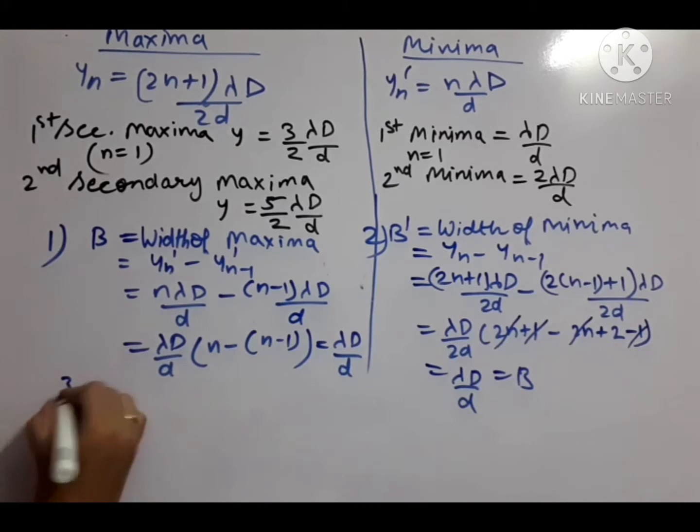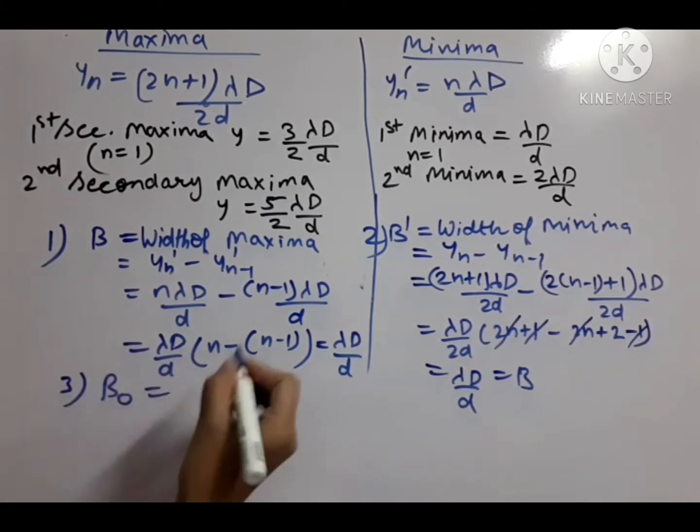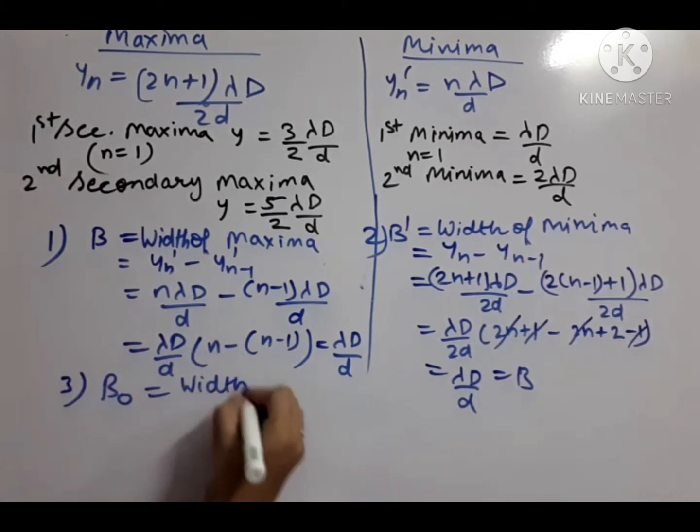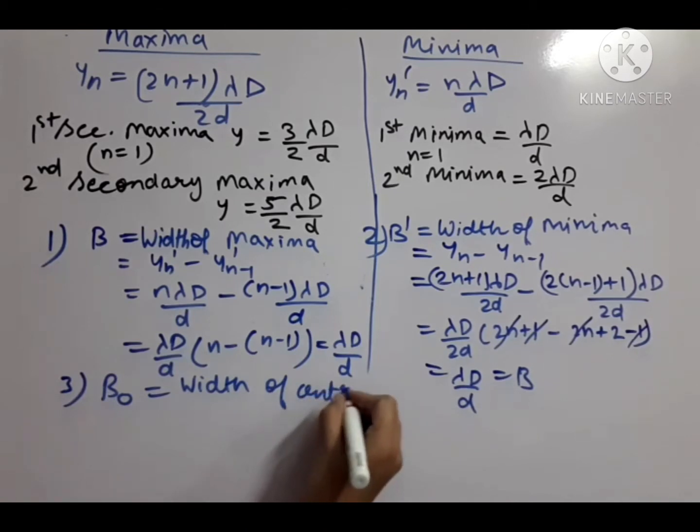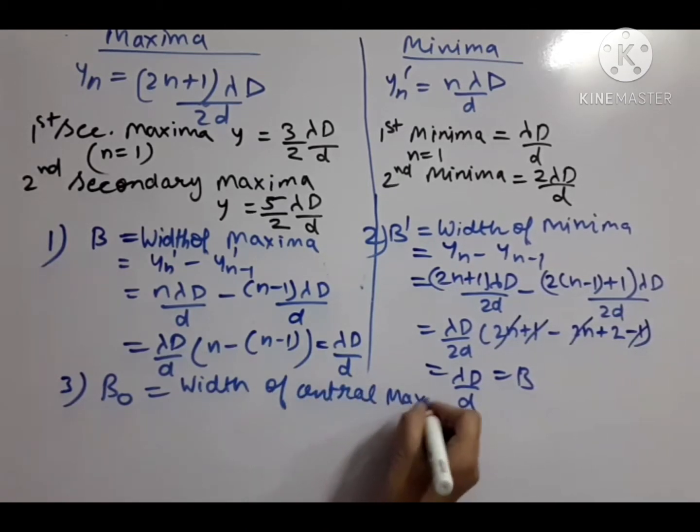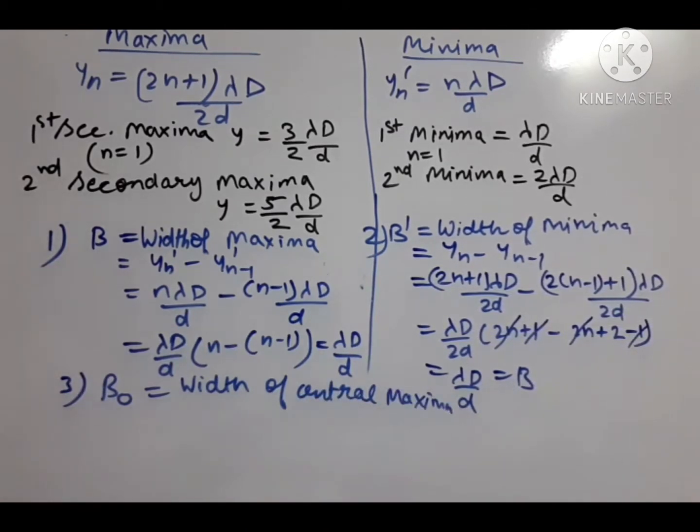Now if we have to calculate the width of the central maxima, this is the third calculation here. As we know, whenever we talk about the central maxima, this is the center of the screen, this is the bright fringe, or maxima.